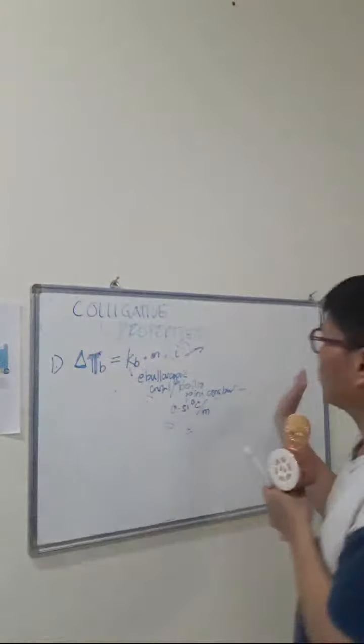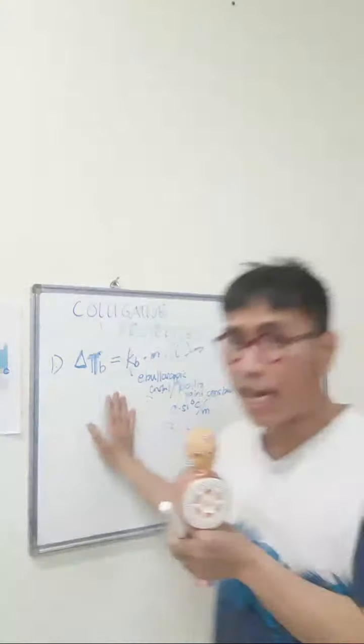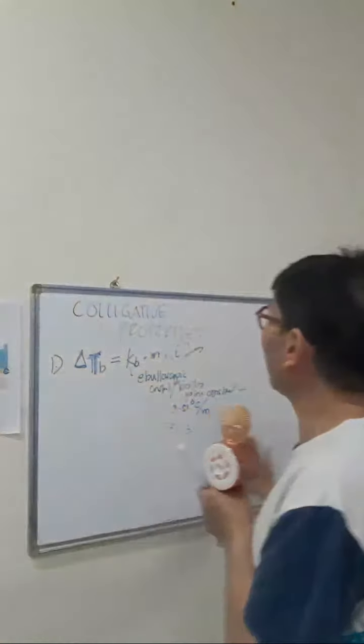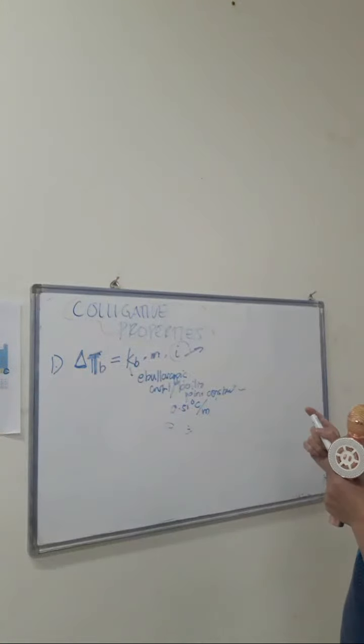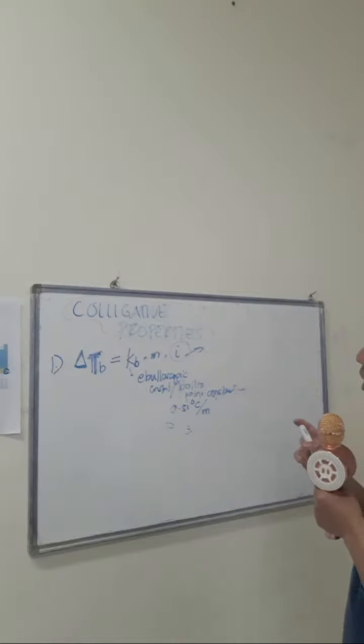Negative 1 plus 1, 2. We need to give examples that are very easy to detect. This is our boiling point of the solute. Boiling point elevation.